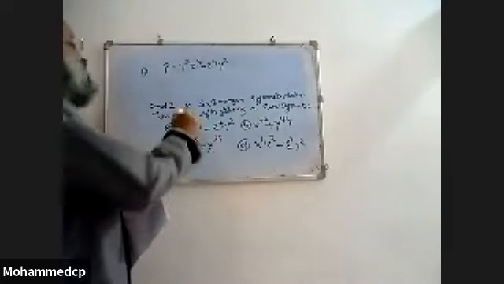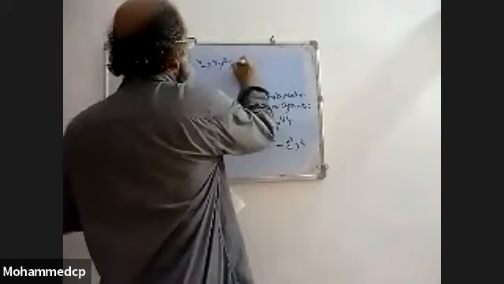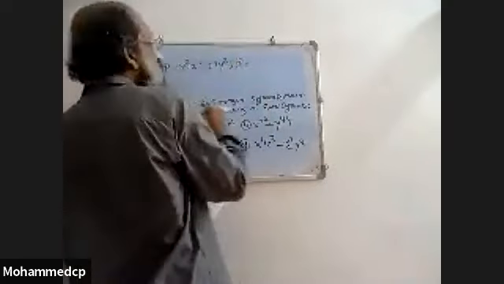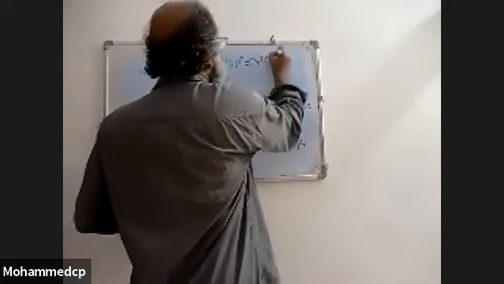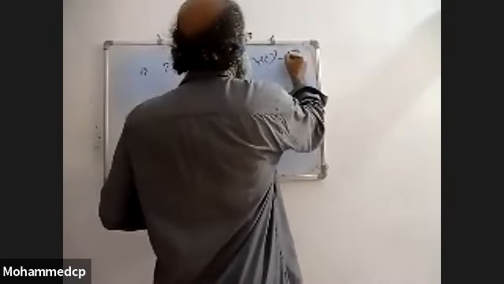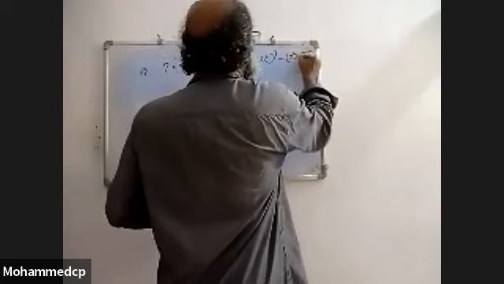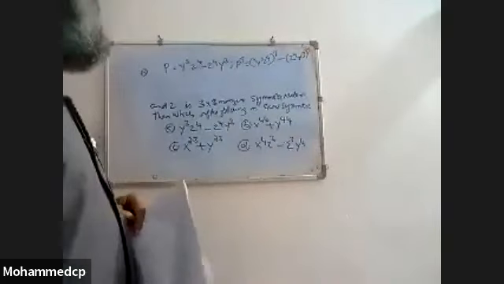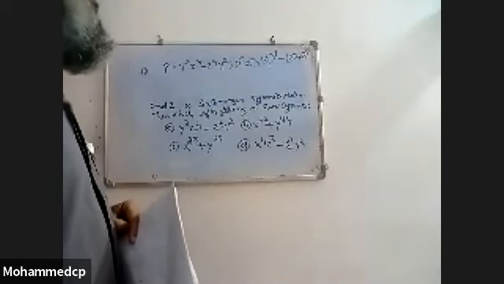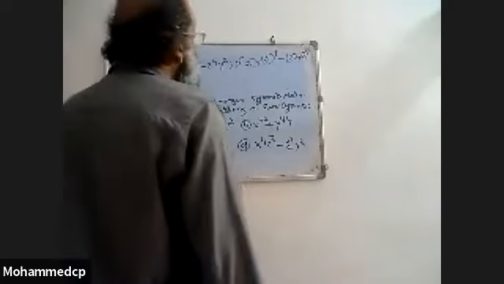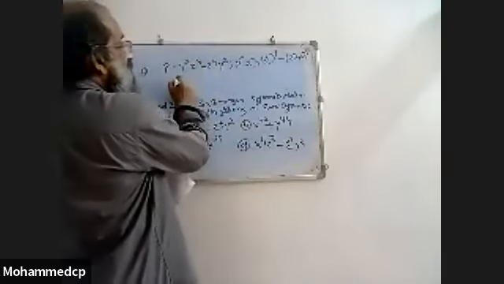Now we take P transpose. P transpose is equal to Y cube Z raised to 4 transpose minus Z raised to 4 Y cube transpose. A minus B transpose is A transpose minus B transpose, and we have the result AB transpose is equal to B transpose A transpose.